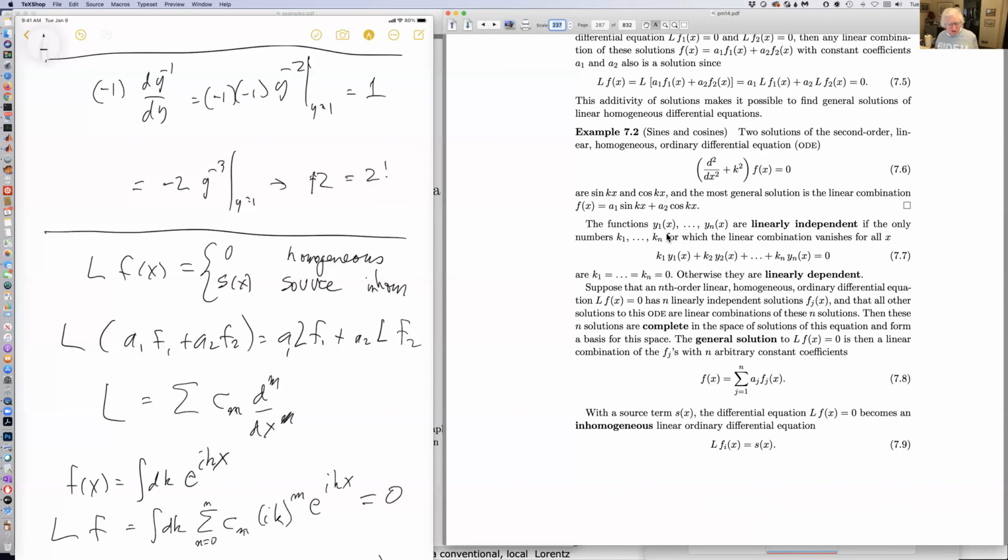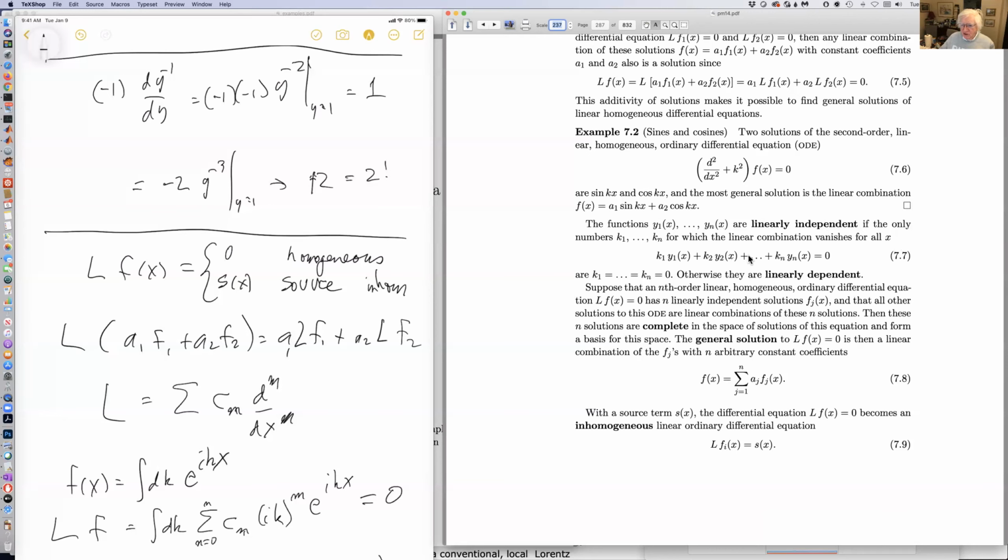Now, we talked about linear independence and linear dependence for vectors back in chapter 1. We can apply the same idea to functions, and we'd say that n functions, y1 of x, y2 of x, up to yn of x, are linearly independent if the only numbers for which this combination vanishes for all x is to set all the k's equal to 0.